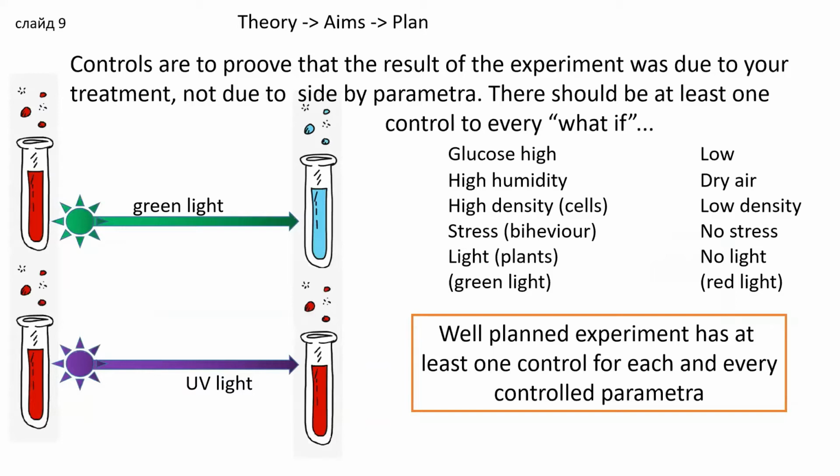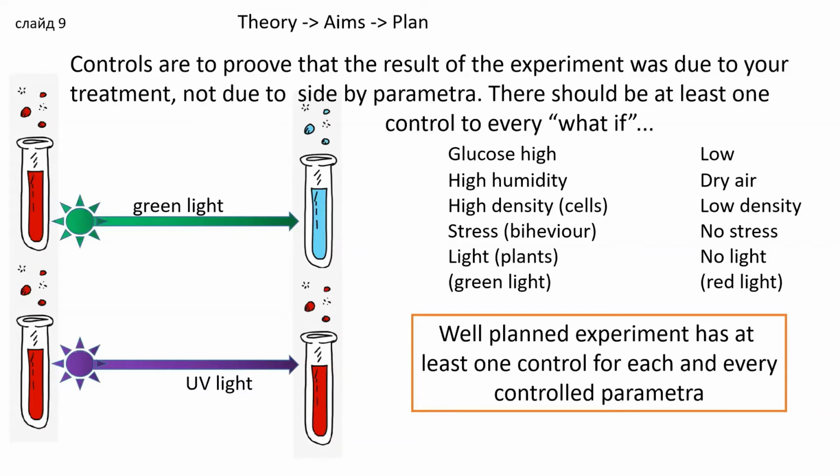But when you have red bacteria and then you apply ultraviolet light and they're still red. What I want to hear from you is whether this experiment is good. And if it's not, why it's not good? Because in this case, it's about the controls.